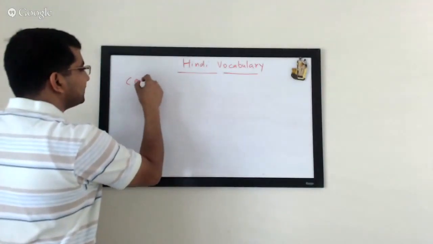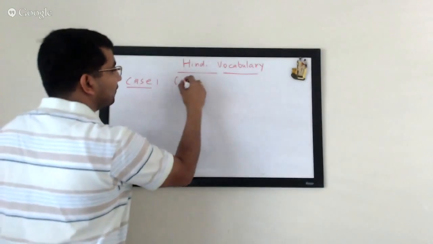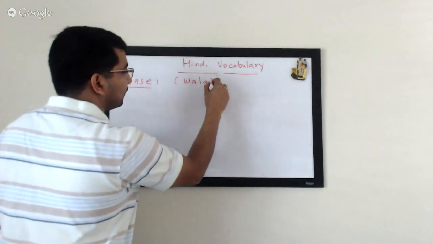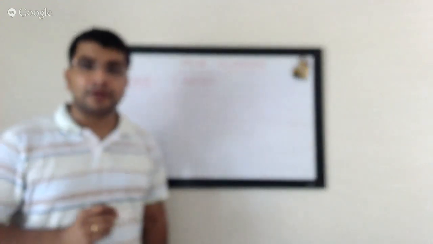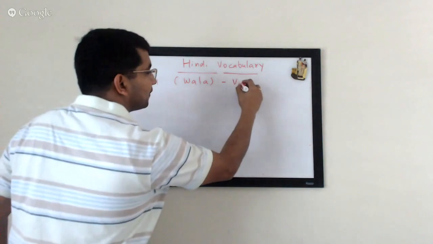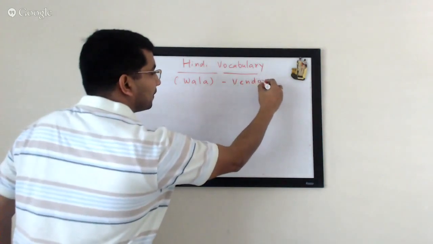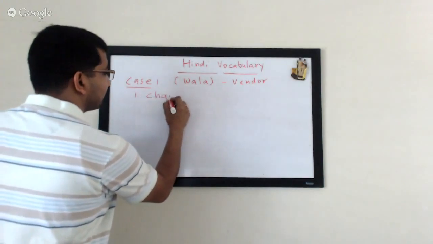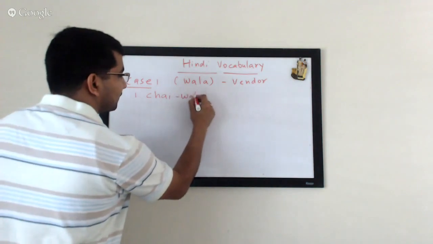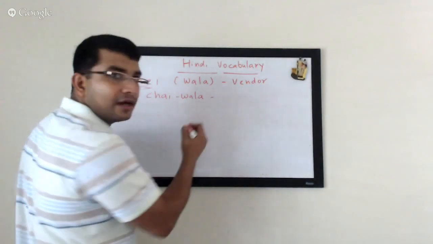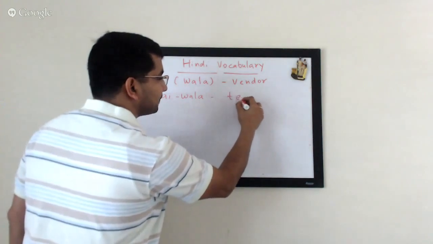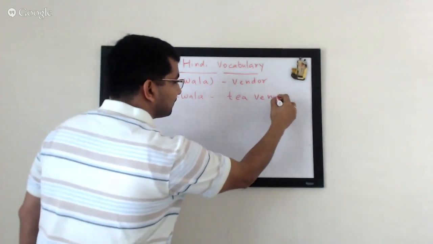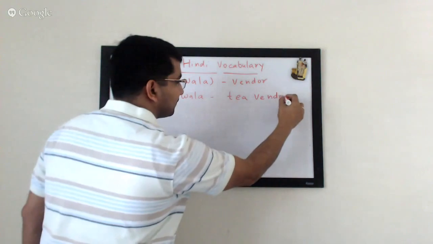So let's get started with case one of wala. I'll first systematically write all of them down, and then we'll go over the fundamentals of it, right? When you say chai wala, it means a tea vendor, someone who sells tea.